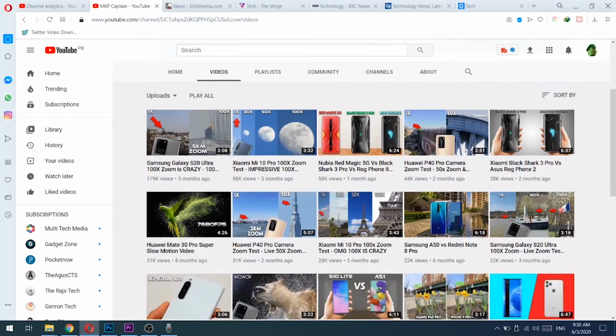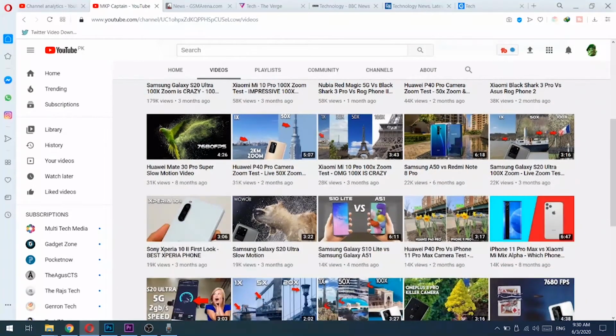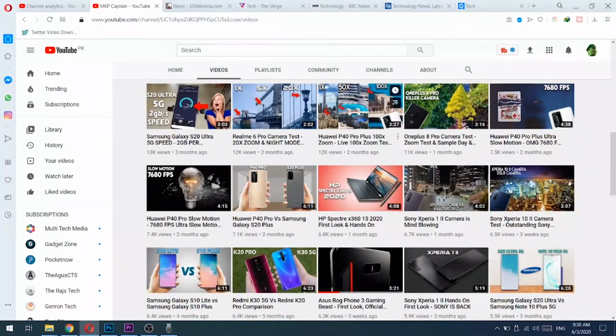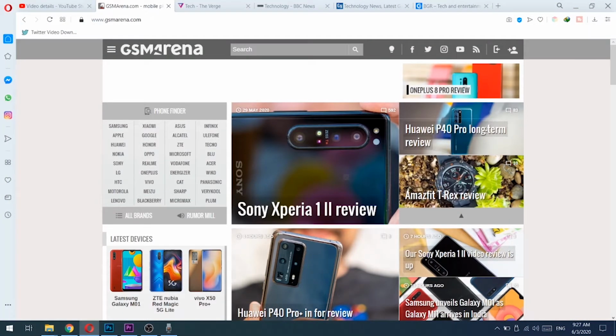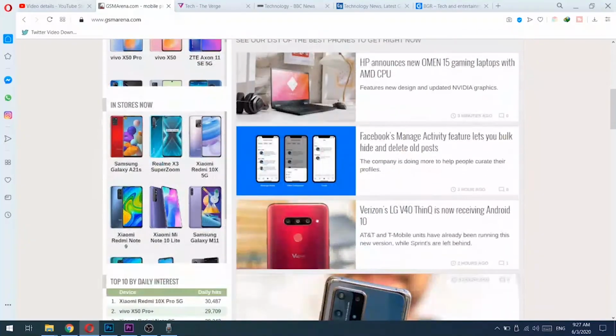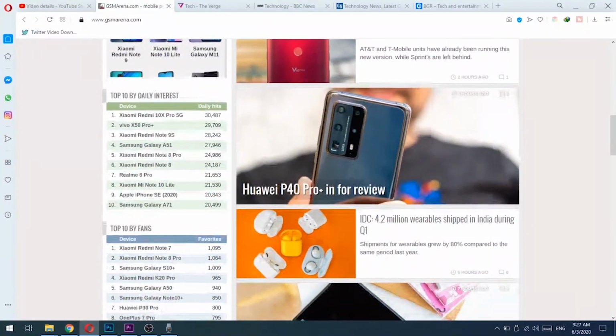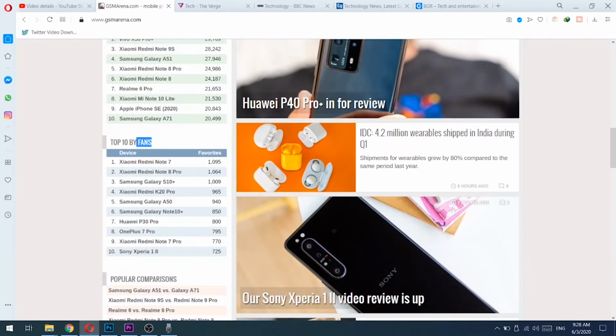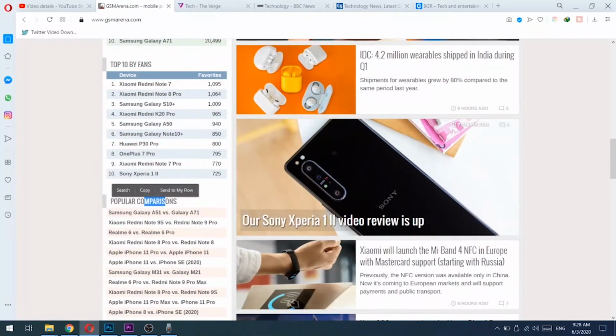So how do I know this specific smartphone is released or that gadget is coming on the market? What I do is follow the biggest tech websites like GSM Arena, The Verge, and bbc.com, and Gadgets Now, and the last one is bgr.com.